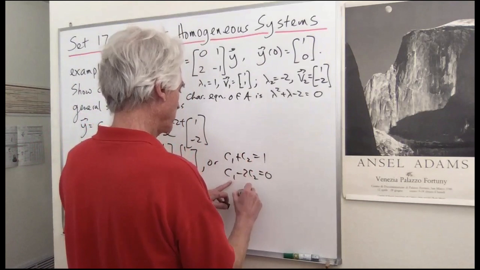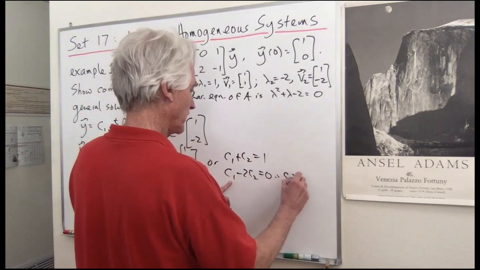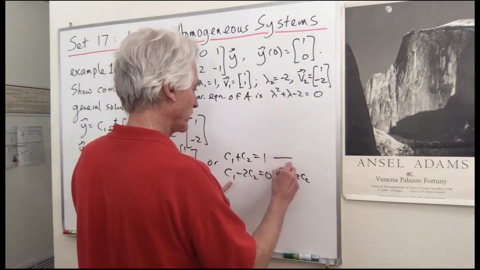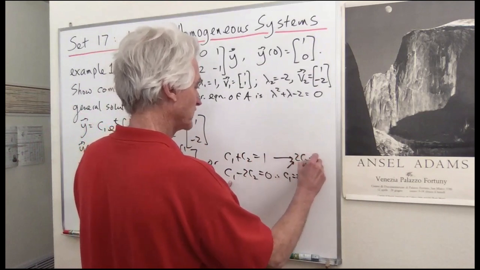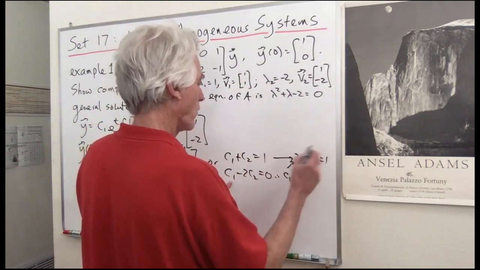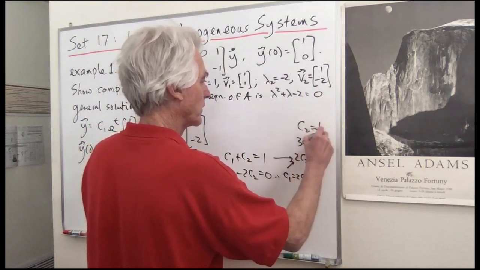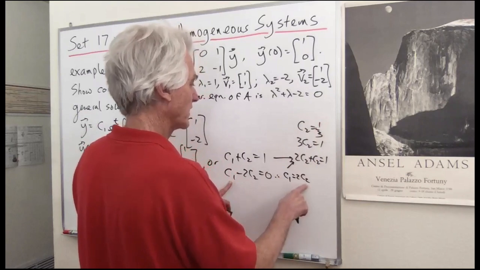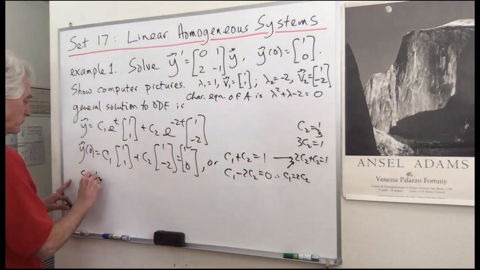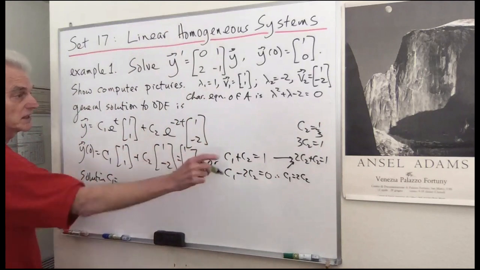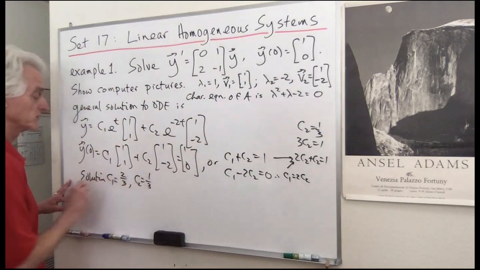Maybe the easiest way would be to say that this means that c1 is 2c2, and then put these together, and they imply that 2c2 plus c2 is 1, or 3c2 is 1, c2 is a third, and then c1 is twice that. So the solution is c1 is 2/3, c2 is 1/3.